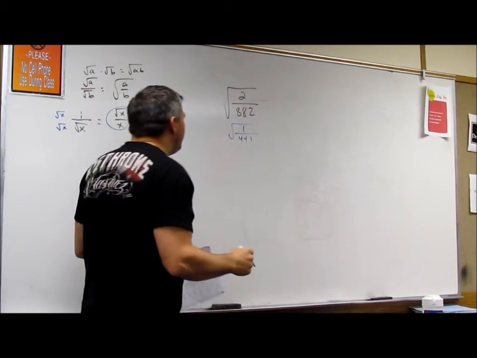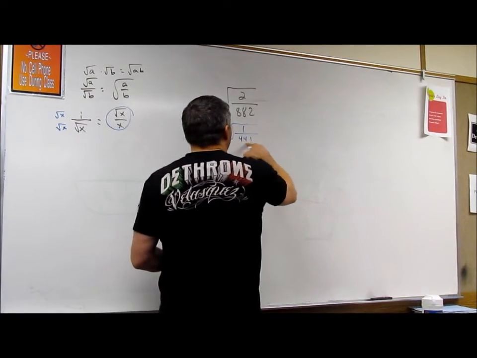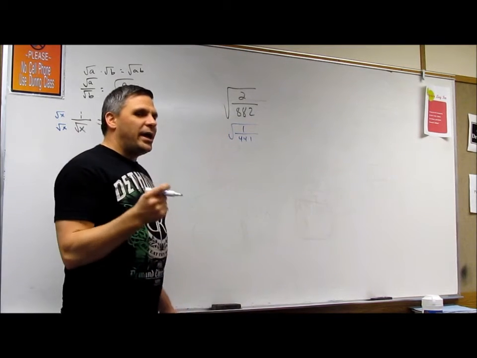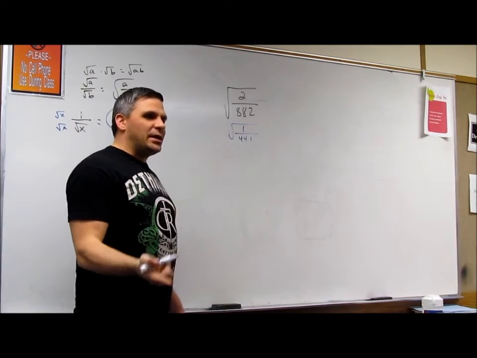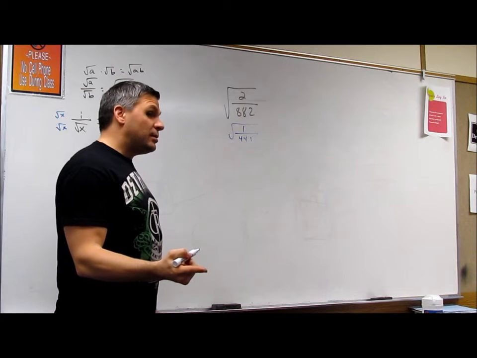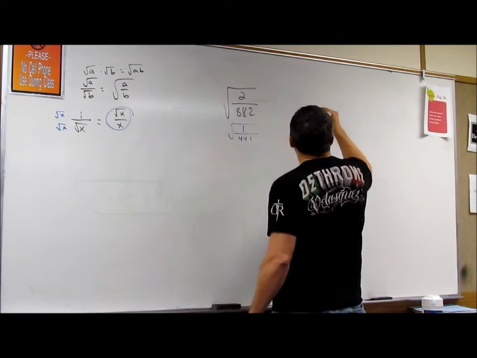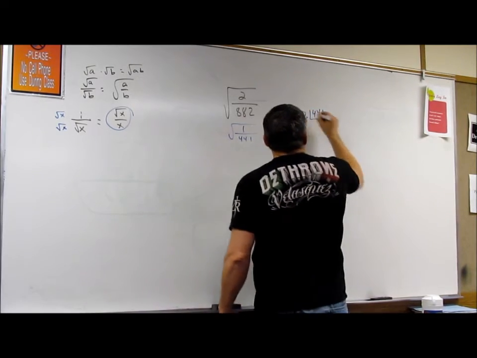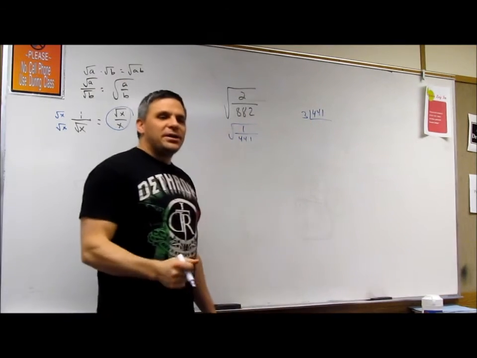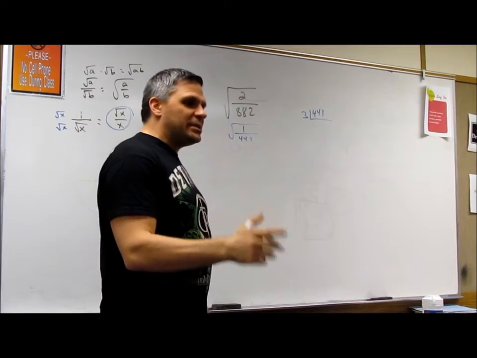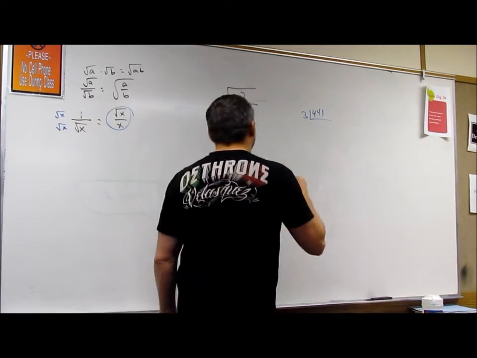And now, can you break down 441? Well, when I add 4 plus 4 plus 1, I get 9. Is 9 divisible by 3? Then 441 is also divisible by 3. So the best way to break down that number is to break it down prime factorization first.